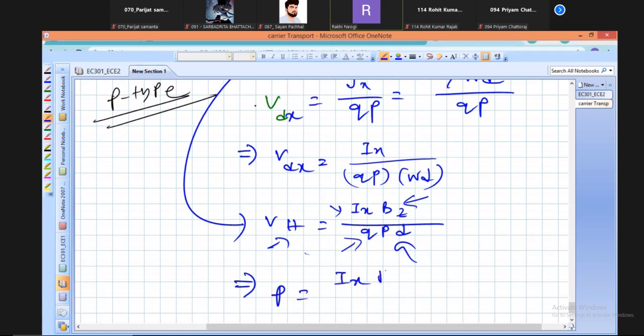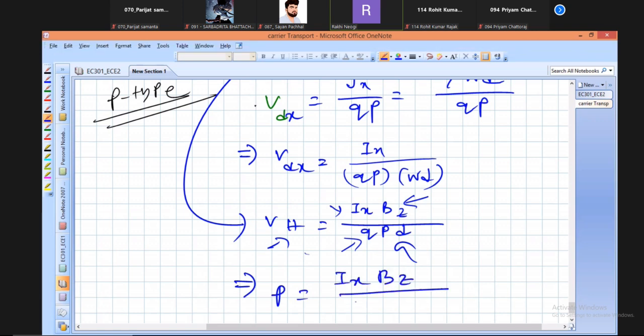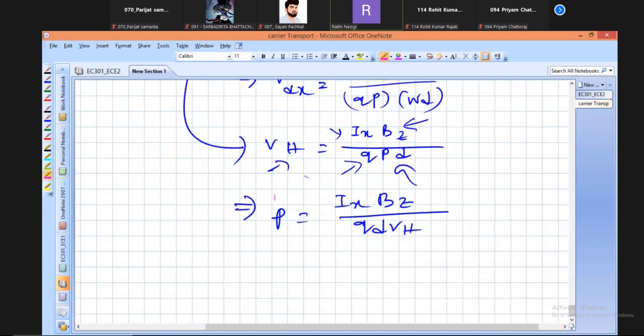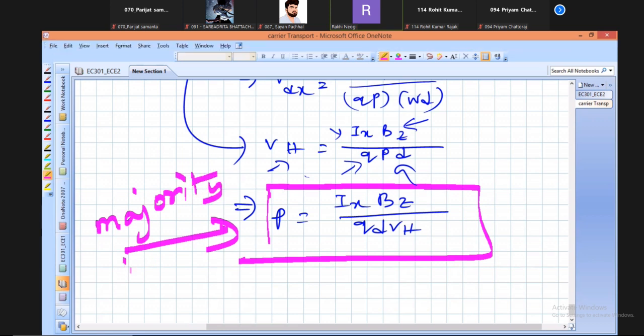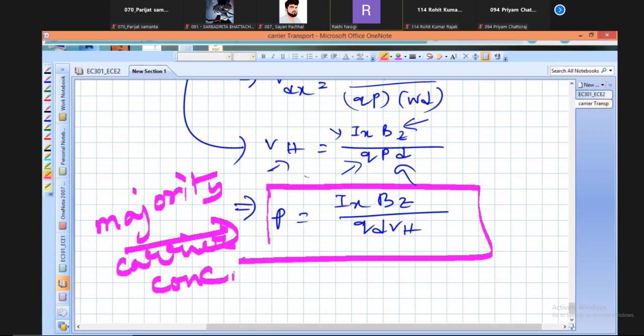Ix, Vz, R, Q, V, A. So by using this expression, we are able to obtain the majority carrier concentration for p-type semiconductor, which is equal to Ix Vz by QD.